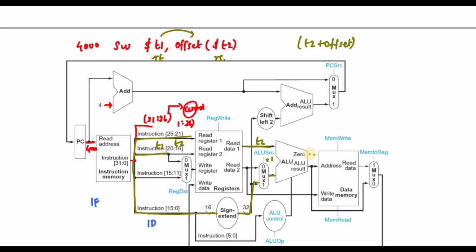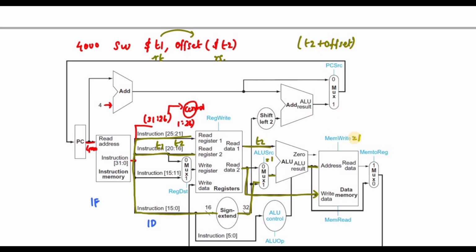This is my T2 and this is my T1, so it has to go to read register 2. From read register 2, the data from T1 goes directly to the write data. I'm going to write the data in this address, T2 plus offset.